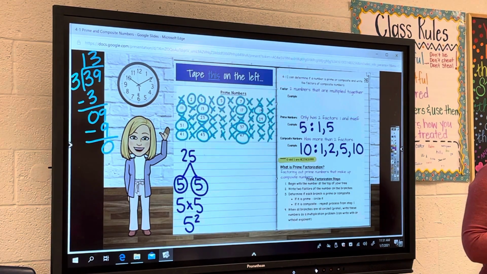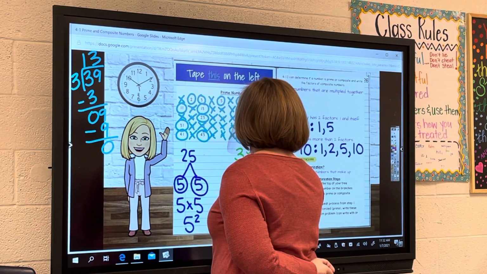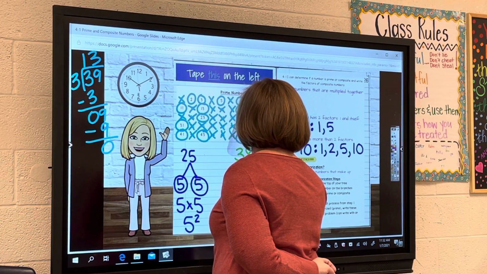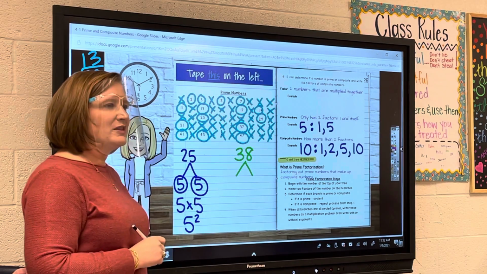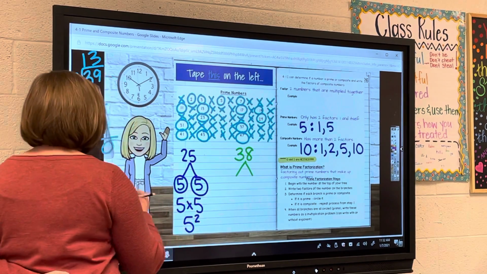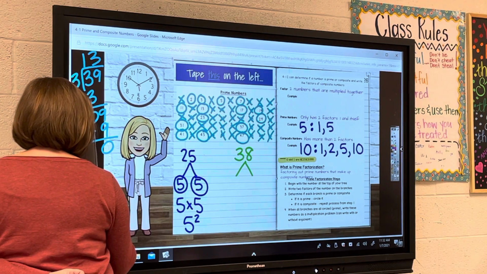Give me a number higher than 25 that's composite, Dustin. 38. What times what gives me 38? We know it's even, so we know we can multiply by what? 2.